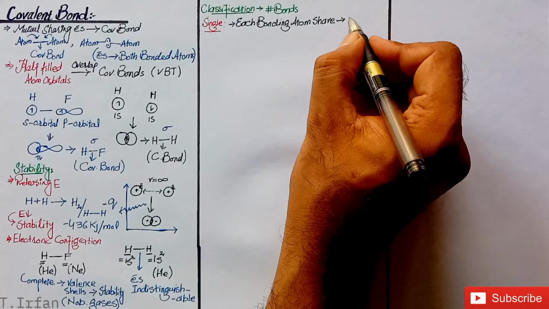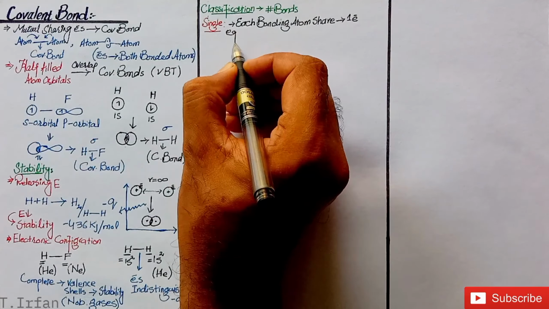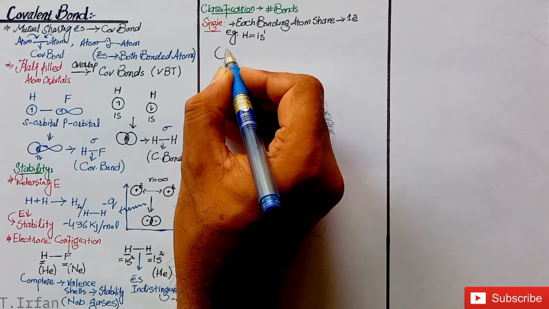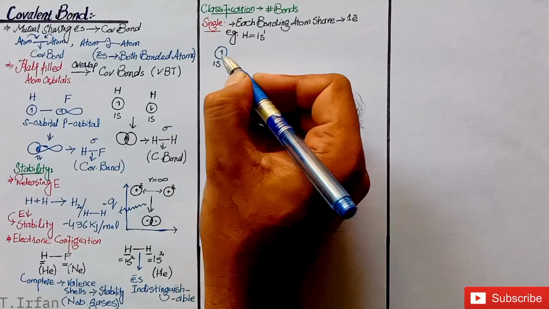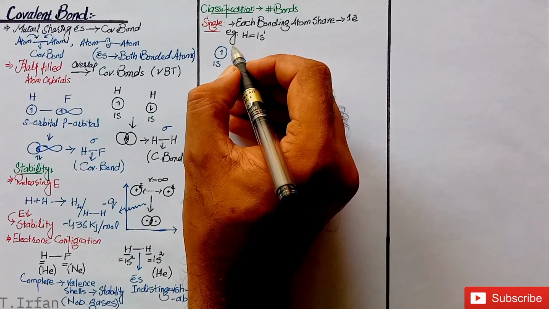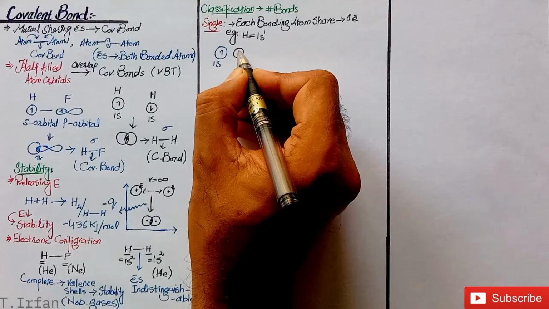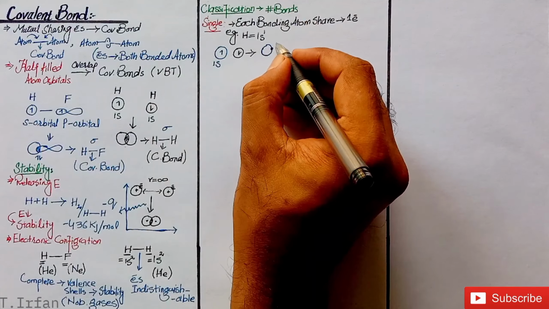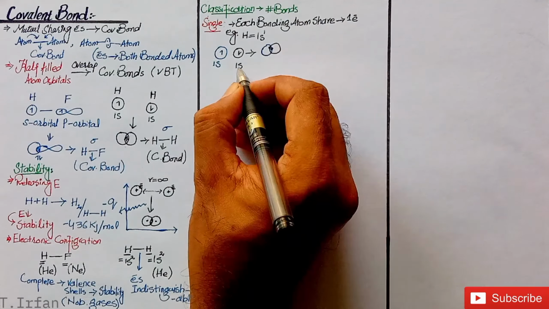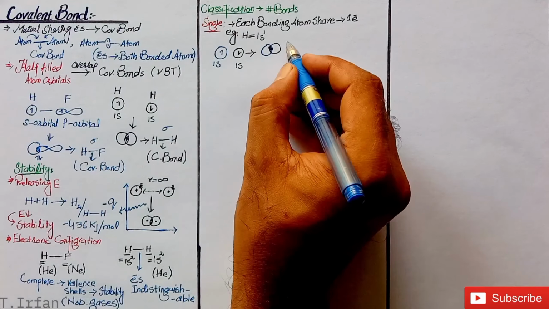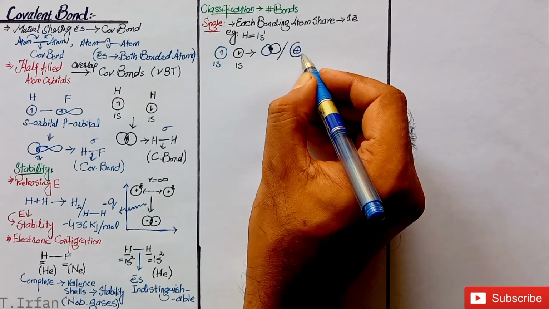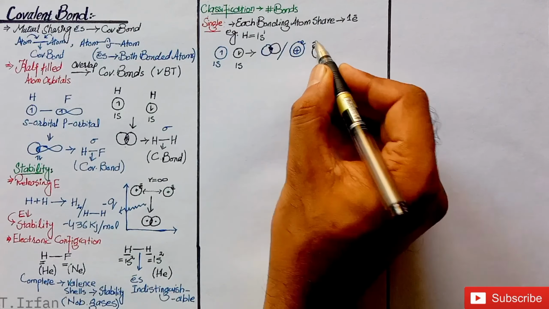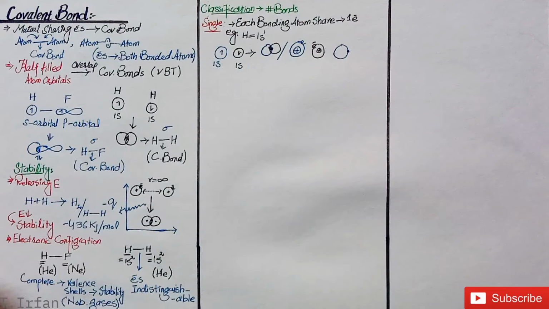For example, in case of hydrogen gas, each hydrogen shares only one electron, as each hydrogen has one electron in one s orbital. These atoms share their one electrons and form covalent bond, which we can represent in this way. We can also represent hydrogen atom which has one electron and one proton.